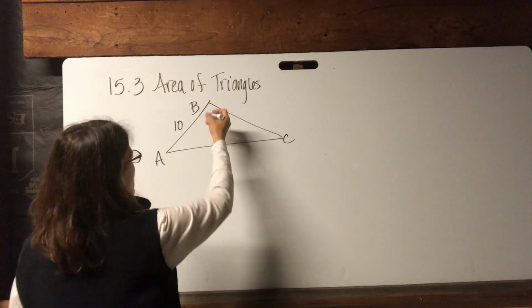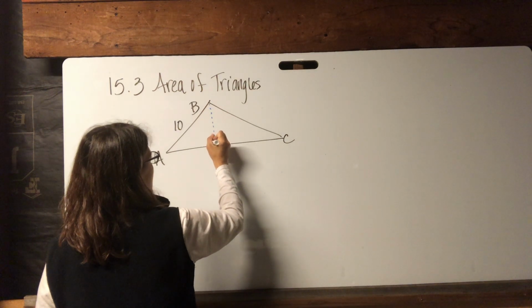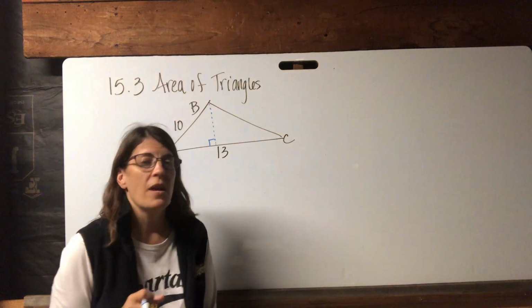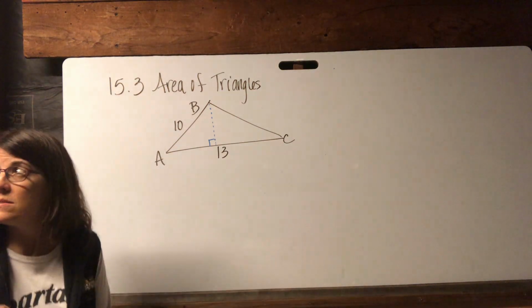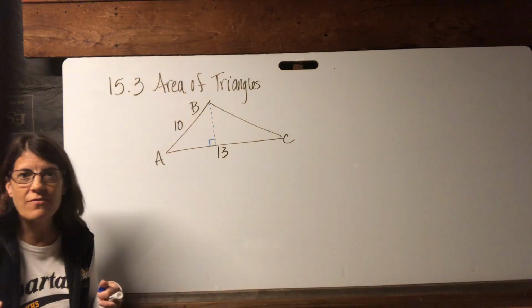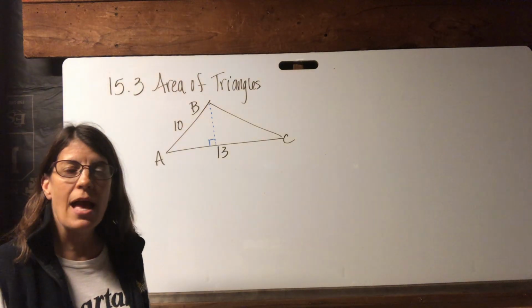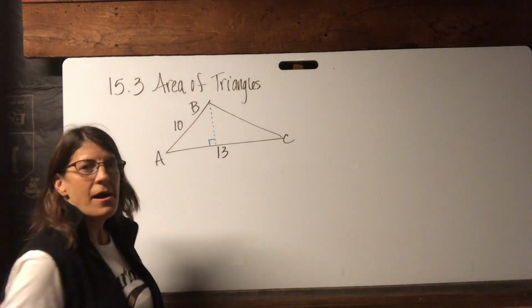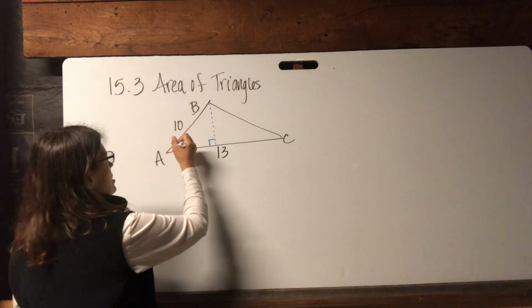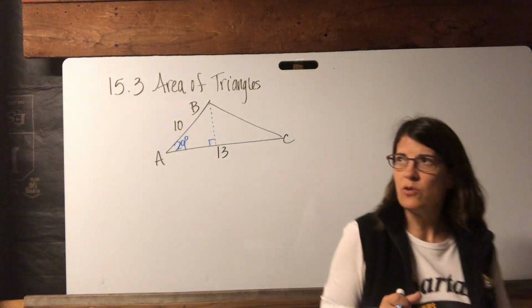When you drop the perpendicular and try to find that height, many times you'll be given an angle measure. Let's say the measure of angle A is, how about, 29 degrees, because I didn't give you quite enough information.